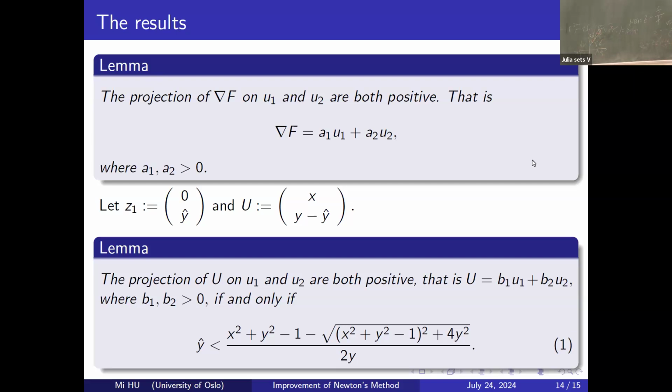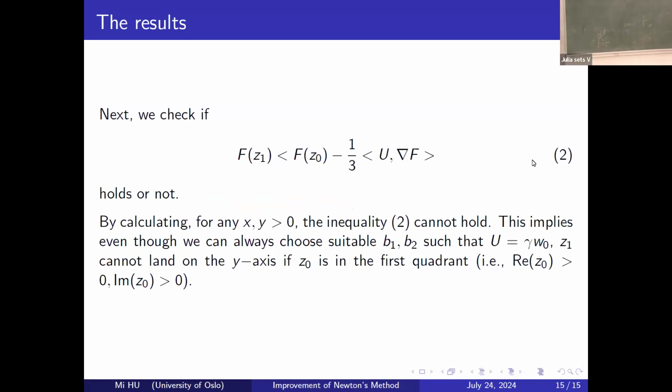Okay, very good. Then the next step is we need to check the function value, whether it decreased, satisfying this equation. So you see here, instead of using wk, we use the vector u here. Then this shows that no, this inequality does not hold.